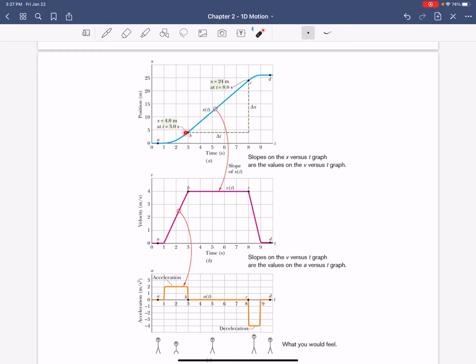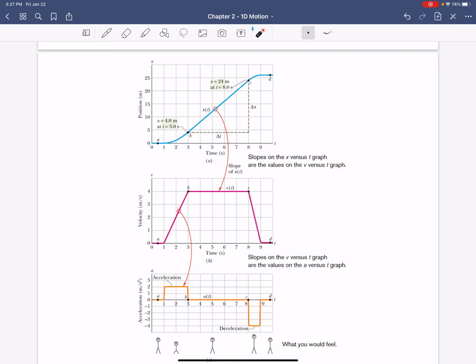Right? Concave up means that it speeds up. Concave down means that it slows down. The entire time it moves forward because purely looking in the vertical direction from A to D, we're always going up. Always going up over time.